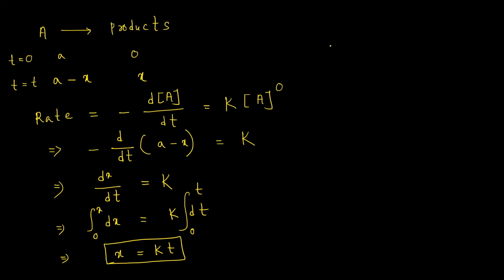Here x is our drop in concentration. So if at the start of reaction initial concentration is a and the drop in concentration is kt, so after time t the remaining concentration will be a minus kt.